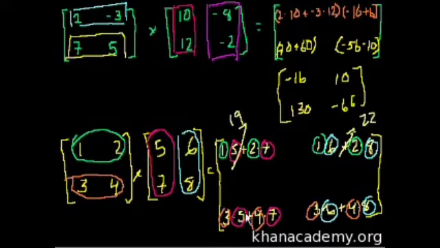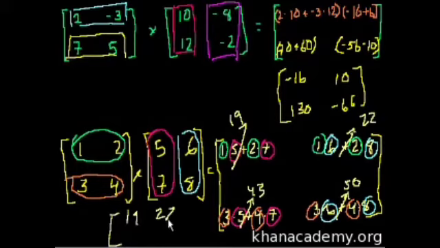That's 43, if my math is correct. And then we have 3 times 6 plus 4 times 8. So that's 18 plus 32. That's 50. So now the product matrix, if I just write it neatly, is 19, 22, 43, and 50.